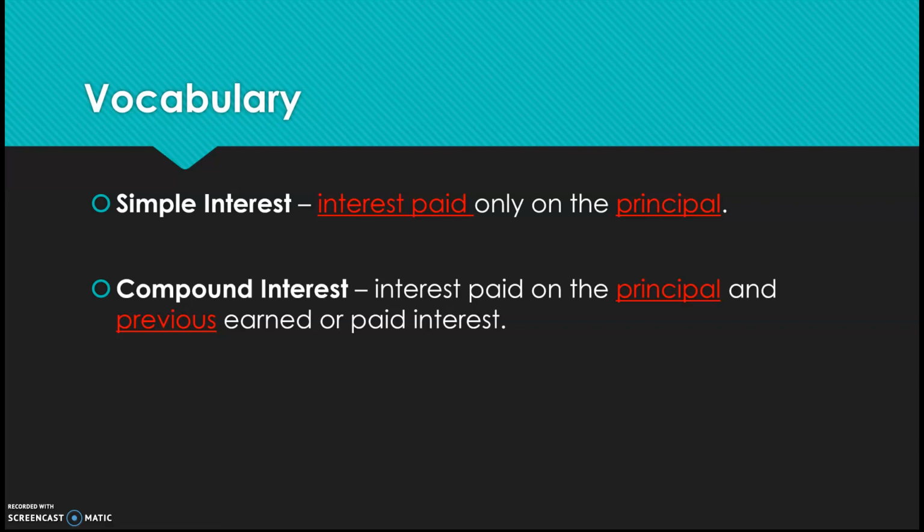Compound interest is interest paid on the principal and the previous earned or paid interest. What that means is if I put $200 in the bank and in the first year I earn $10, well now they're going to see it as I have $210, and they're going to pay me interest based on that $210, not just based on the amount of money that I originally put in the bank.